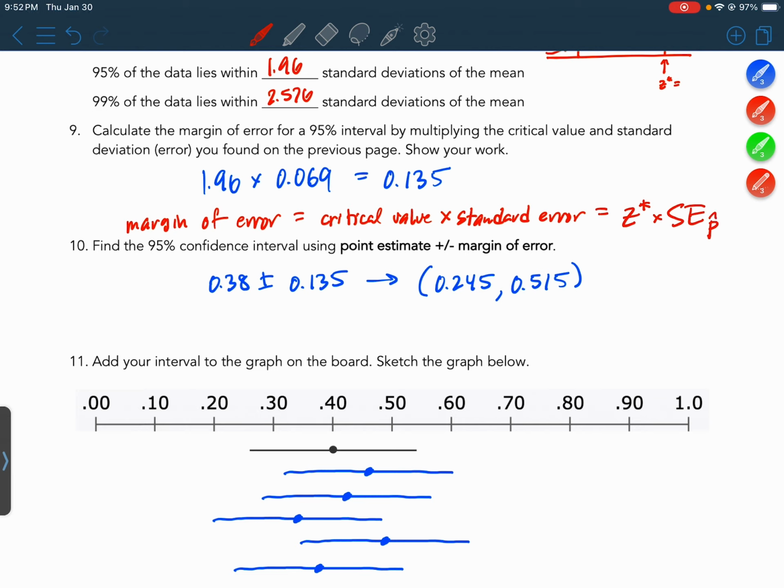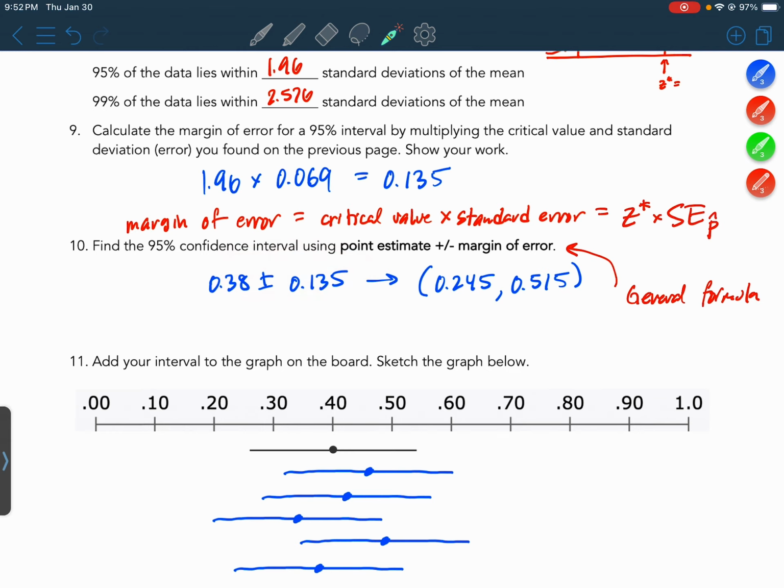Now that you have the margin of error, you can take your point estimate, add and subtract your margin of error to get the endpoints of your interval. It's walking you through it, reminding you that there's this general formula. But let's write a specific formula and turn these numbers into statistical notation.